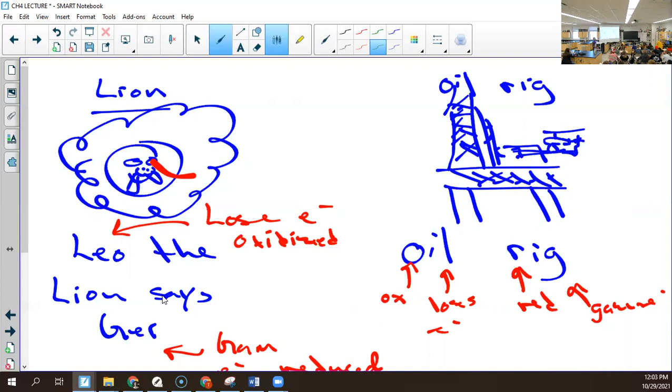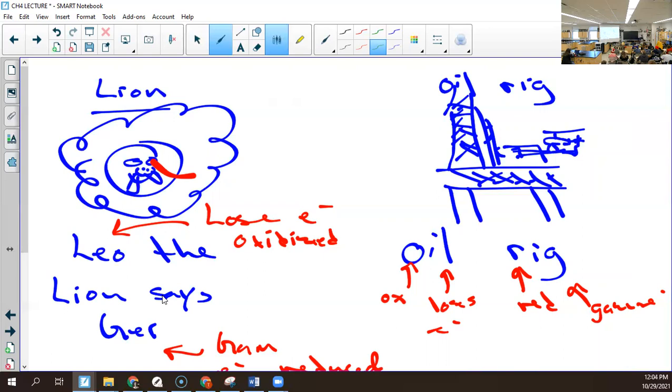So here's what they mean. Leo is LEO, which means if you lose electrons, you're oxidized. Leo, lose electrons, oxidized. All right, so Leo the lion says GER.